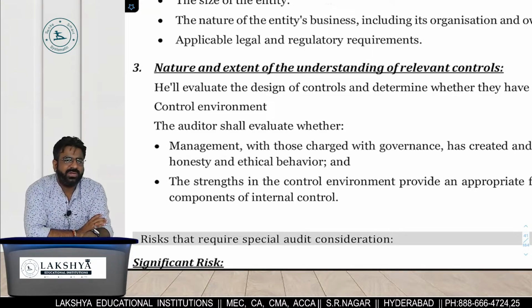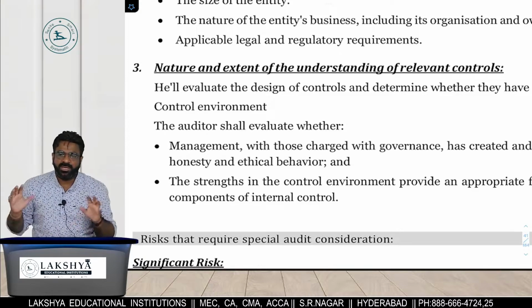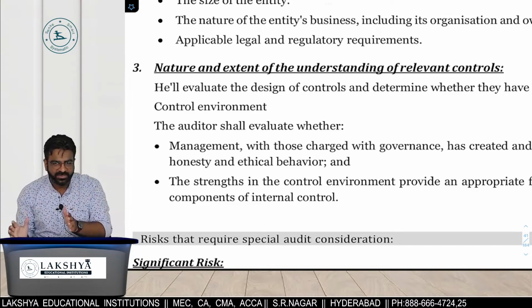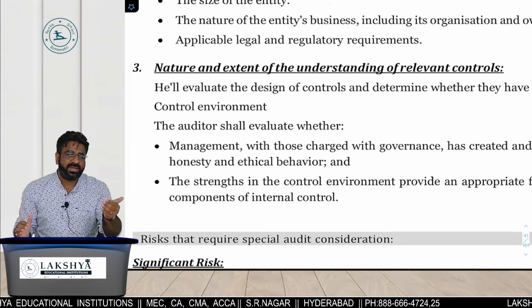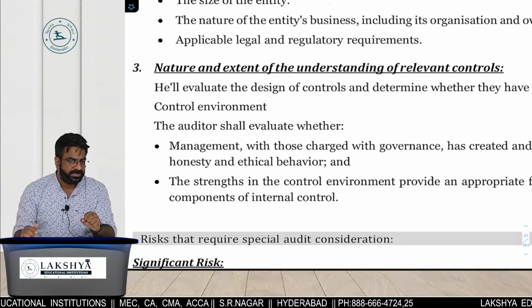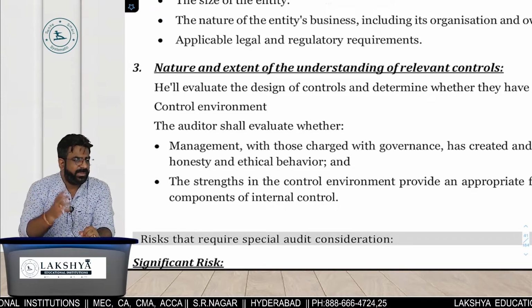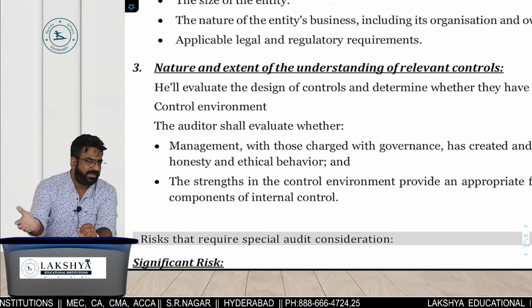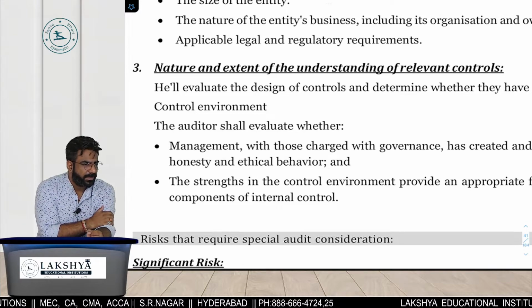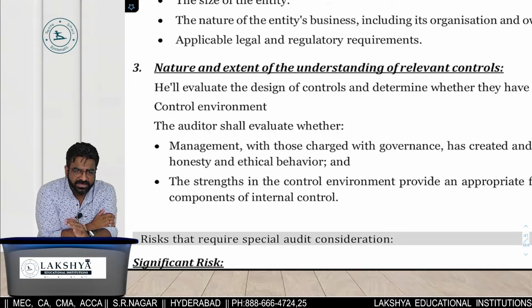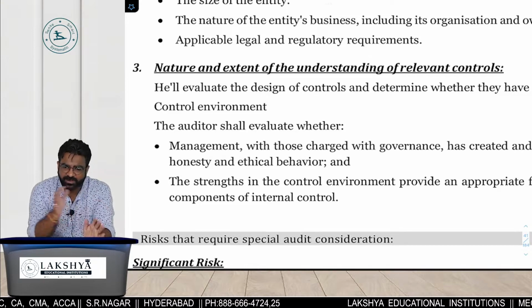Let me tell you what an audit committee basically is. Audit committee is a committee of directors only, but where the majority of the directors will be independent directors. What is the difference between an independent director and a normal director? An independent director does not have any kind of pecuniary relationship with whom? The company.